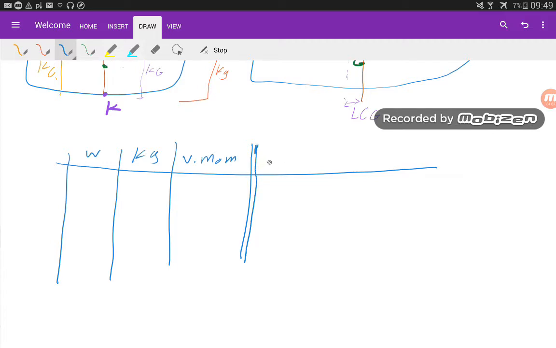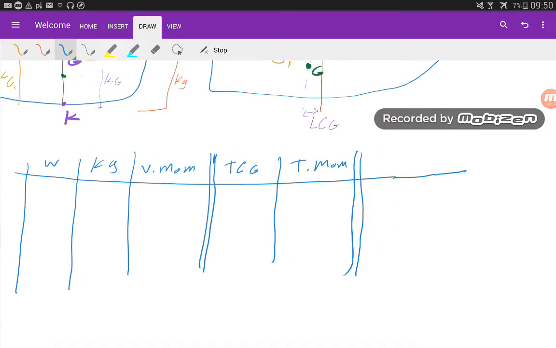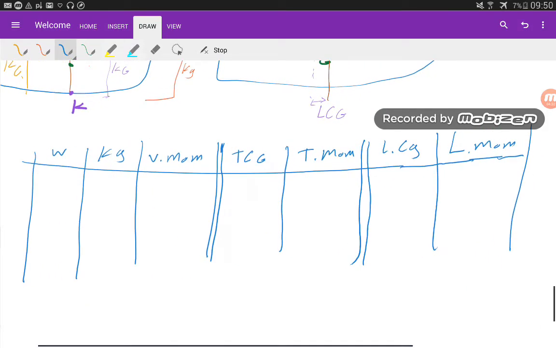In the column after that, you are going to calculate the transversal center of gravity and transversal moment, then the longitudinal center of gravity and longitudinal moment. This is the total table for calculating the center of gravity in 3D.